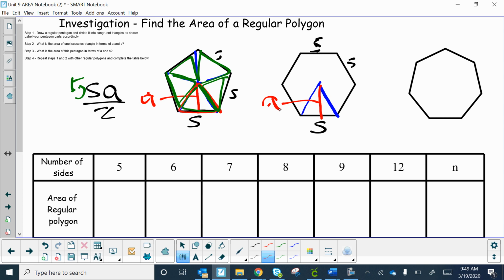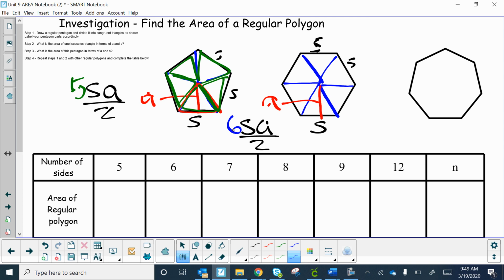I'm going to do base times height, which is S times A divided by 2. How many triangles would we have in this hexagon? 1, 2, 3, 4, 5, 6. So we would need to multiply this times 6.